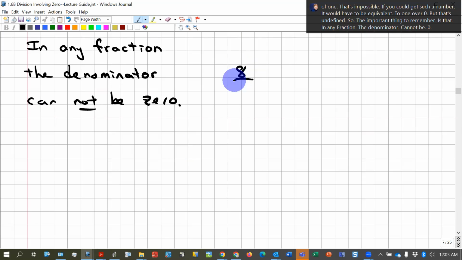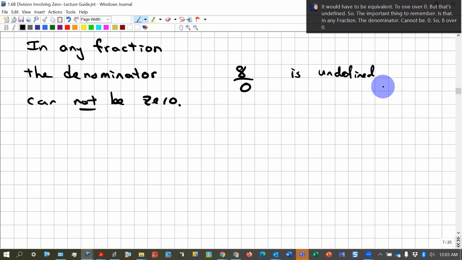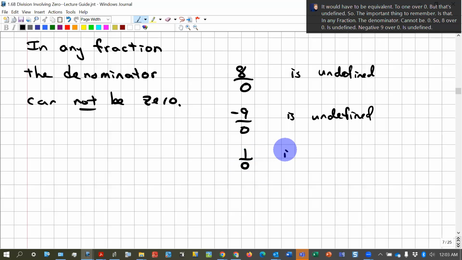So 8/0 is undefined. -9/0 is undefined. 1/0 is undefined.